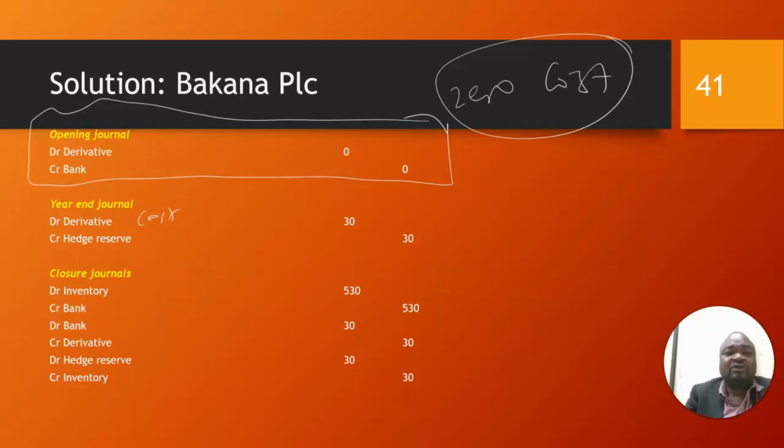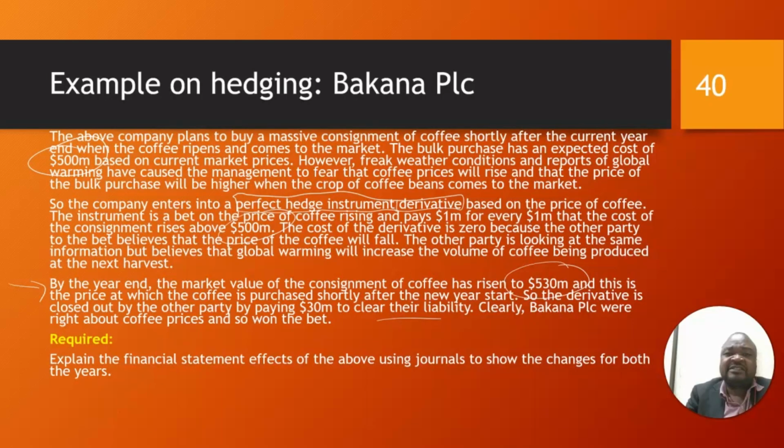Now, when we are closing out after executing the transaction, the market value of the consignment of coffee has risen to 530, and this is the price at which the coffee is purchased shortly after the new year. So they purchased it at 530. The derivative is closed out by the other party paying 30 million to clear their liability, right? So clearly, Bakana PLC were right about coffee prices, and so they won the bet.